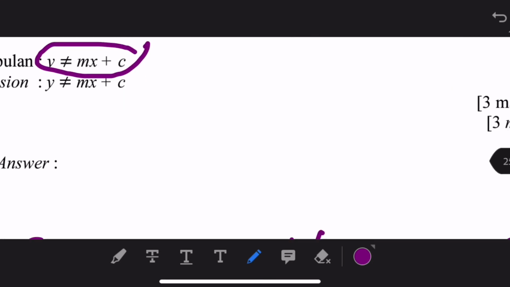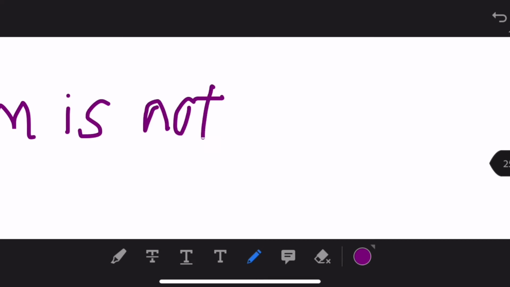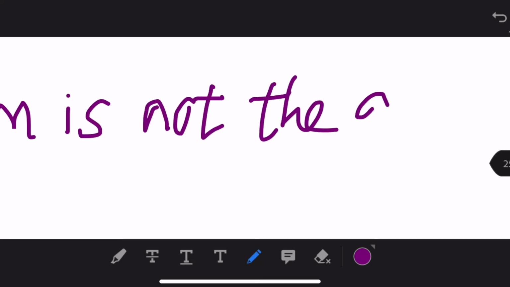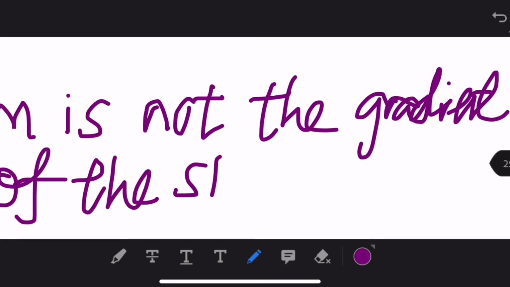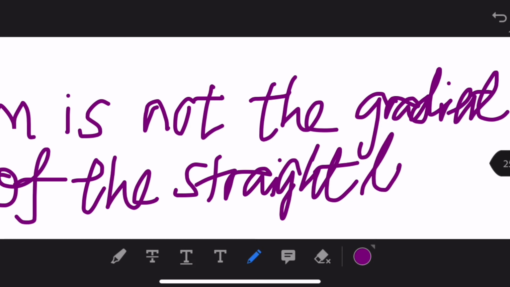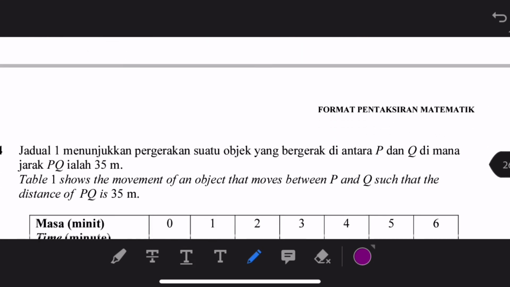M is not the gradient of the straight line, right? Alright, so we have completed this question.